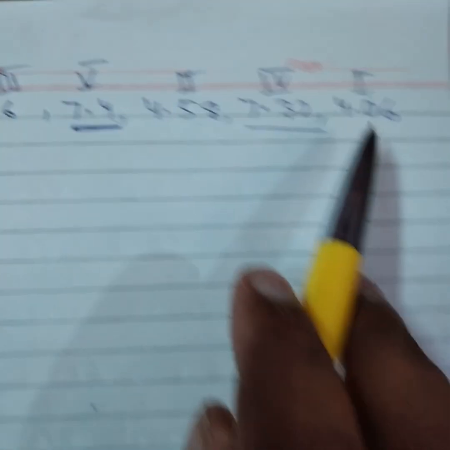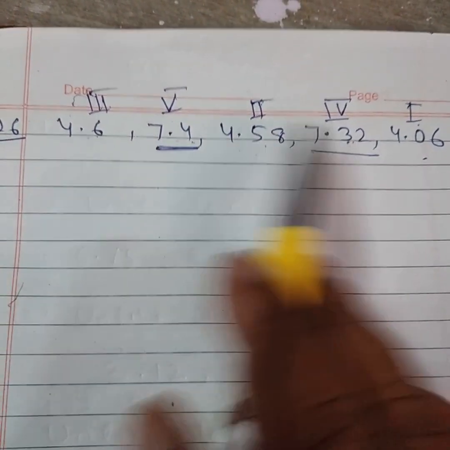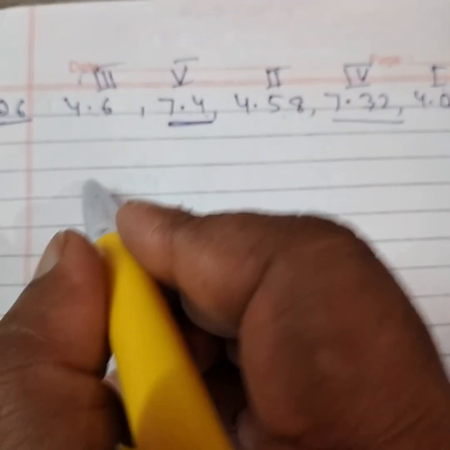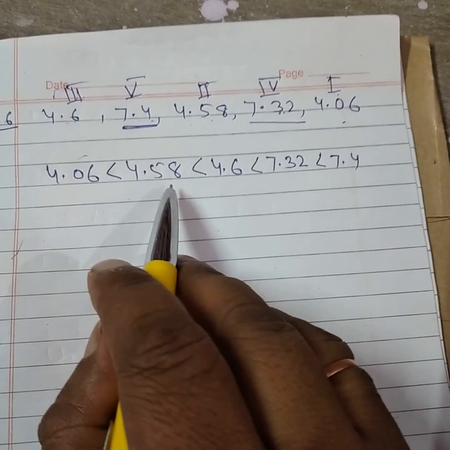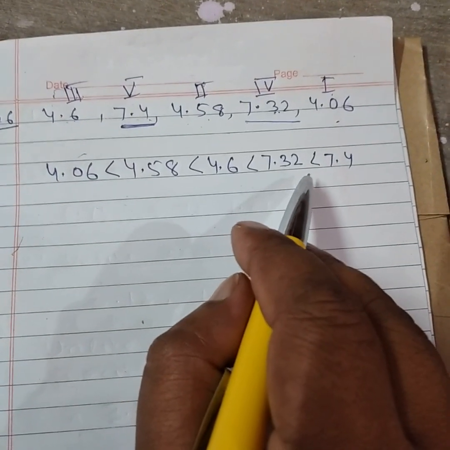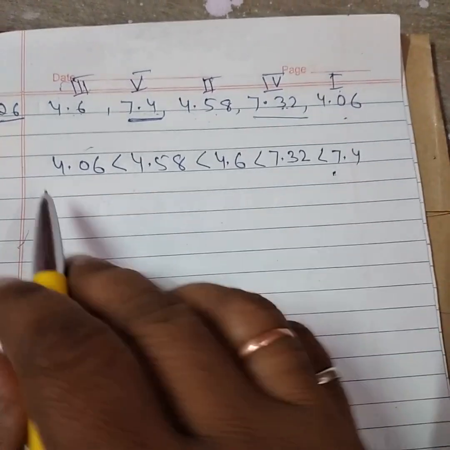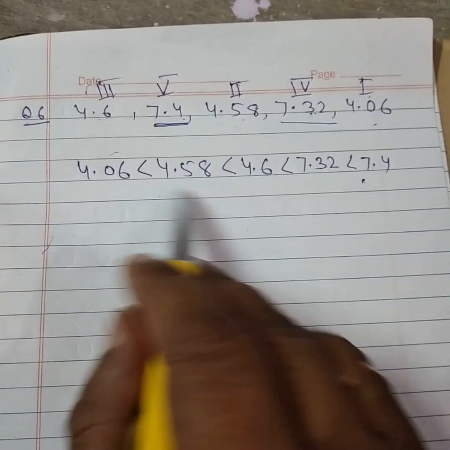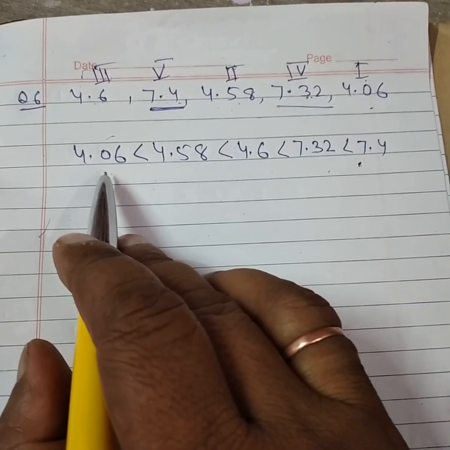So first, second, third, fourth and fifth, how will we write? 4.06, 4.58, 4.6, 7.32 and the highest one is 7.4. In this way we will write, this one is ascending order. If we write in the reverse way, it will become descending order.